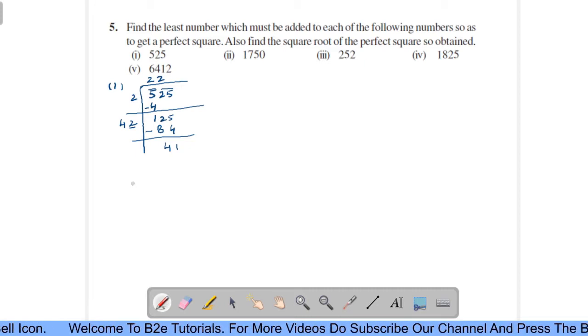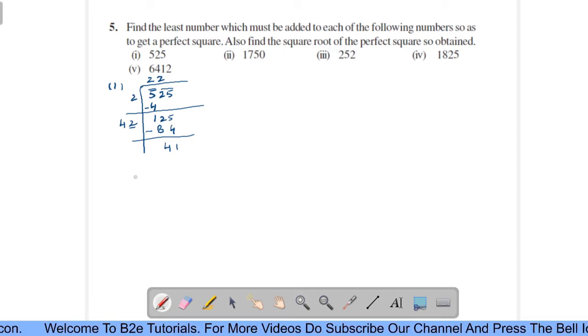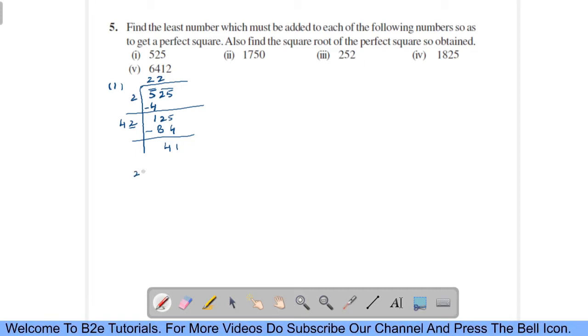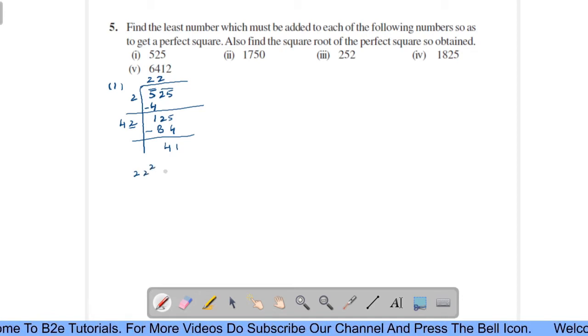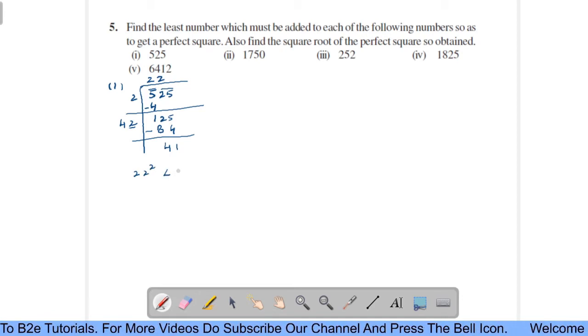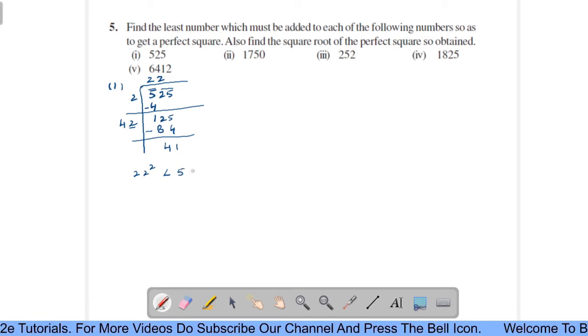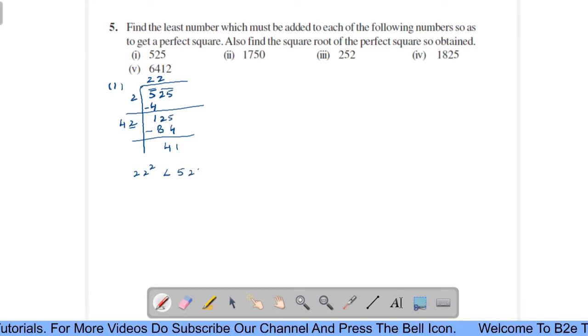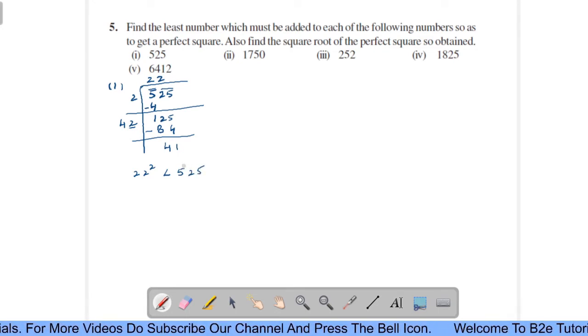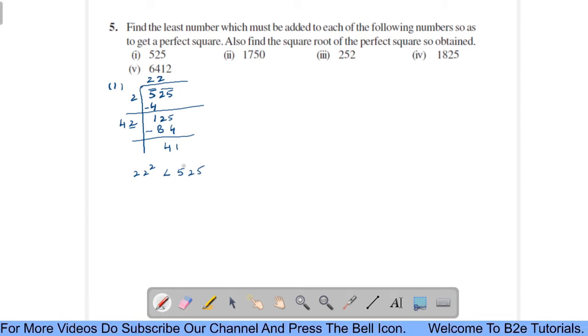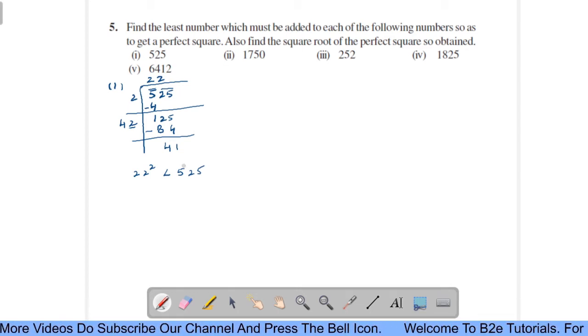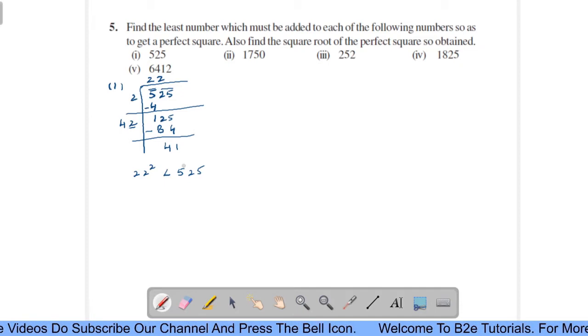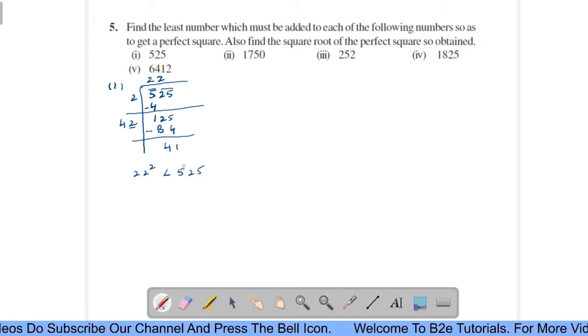Here 22 square is less than 525. Here you have to find out what must be added to get a perfect square.